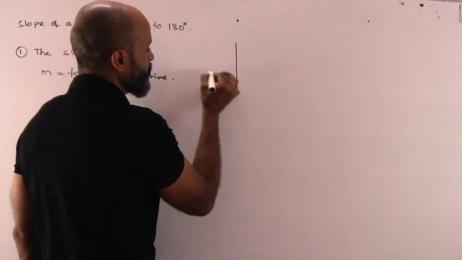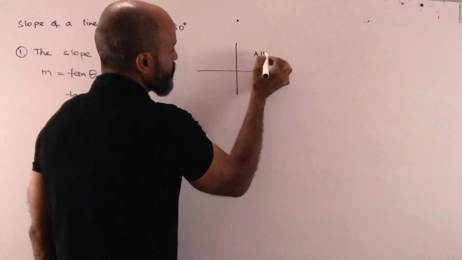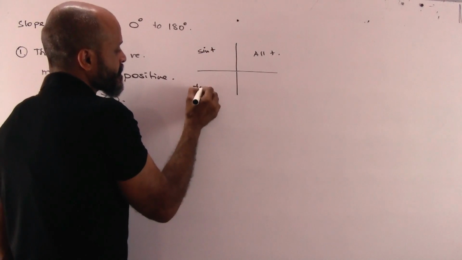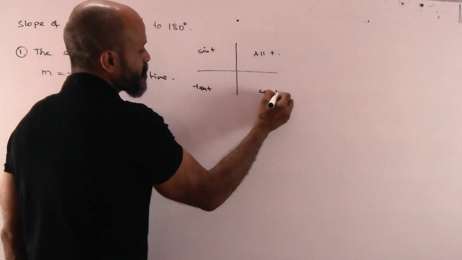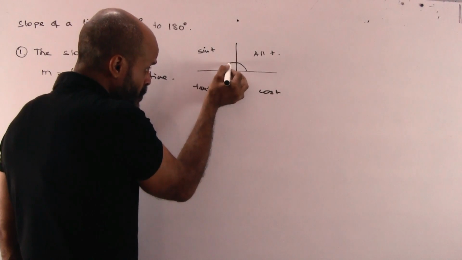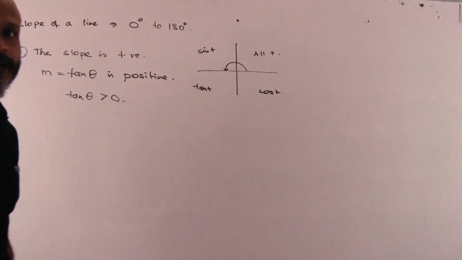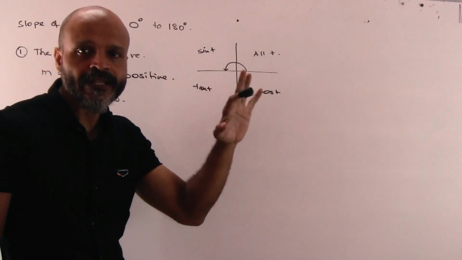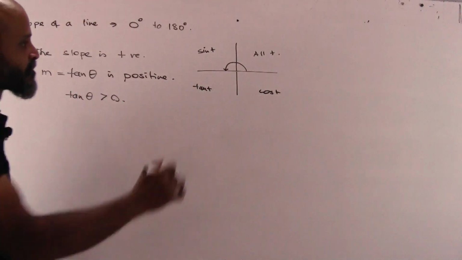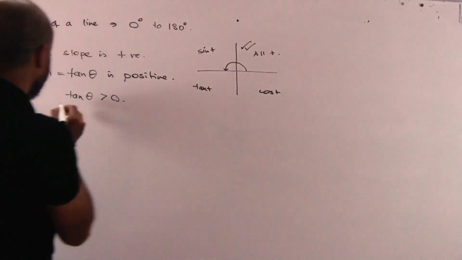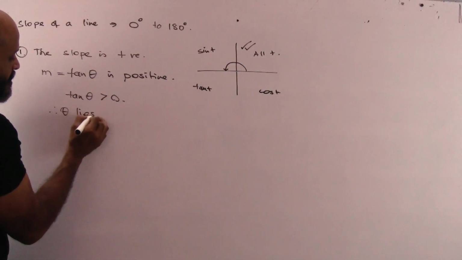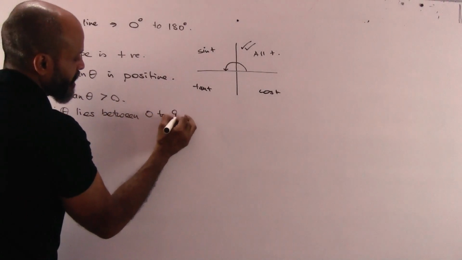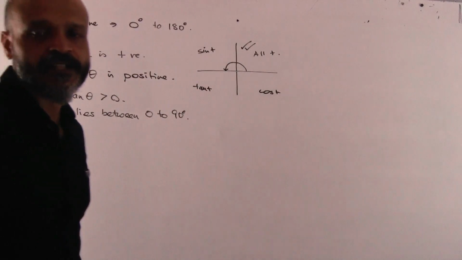We know that in the first quadrant all trigonometric ratios are positive, in the second sine is positive, in the third tan is positive, in the fourth cos is positive. Now we have to consider values from 0 to 180. So for what values between 0 to 180 will tan always give positive answers? Obviously this one will be the one. Therefore we can say theta lies between 0 to 90 degrees.